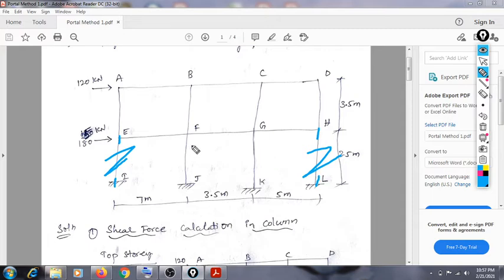In the same manner, the moments of FJ, JF, GK and KG are equal. And for finding the column shear, we have to take R into consideration. So getting back to our problem.